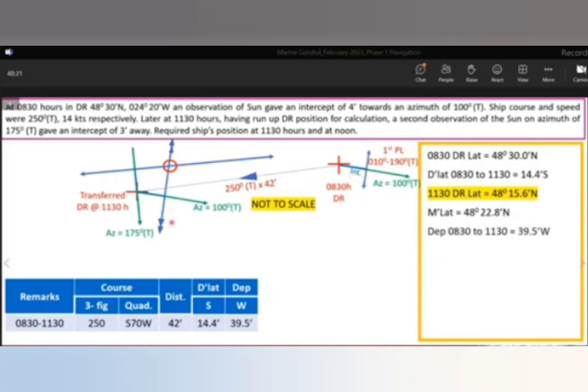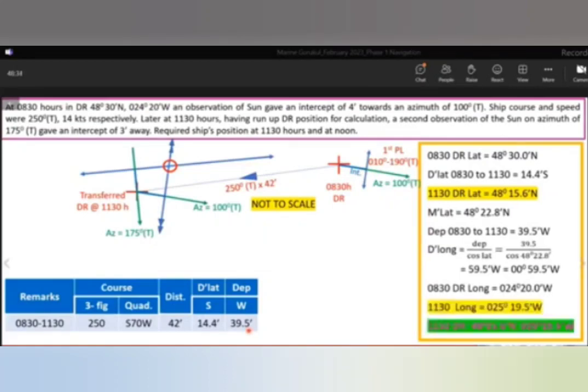We use this latitude to convert this departure of 39.5 minutes into D long. Apply this D long to the longitude of 830 DR, and we can get the longitude of 1130, and this gives us the position of 1130 DR, which can be used, as you can see in this rough diagram, to plot both the 1130 PLs, one transferred PL, other observed PL.